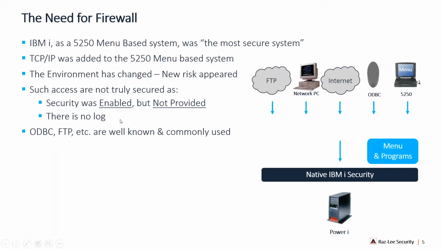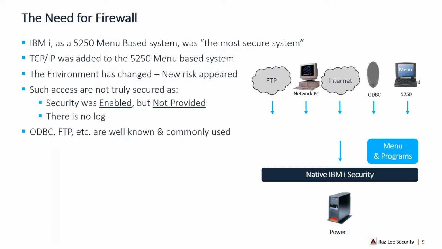IBM in its operating system enabled the security of the TCP/IP servers, but did not provide it. It means that nothing was there, just the capability. Actually, there was not even a log for the activities. So no one knew what was going on. ODBC, FTP, and many other things have become more and more popular.